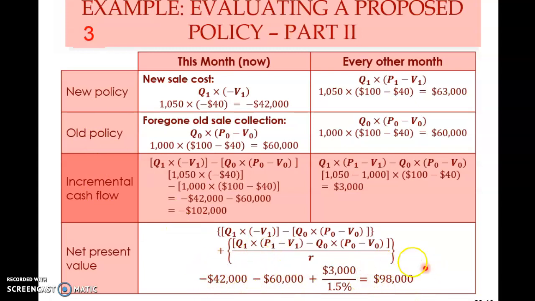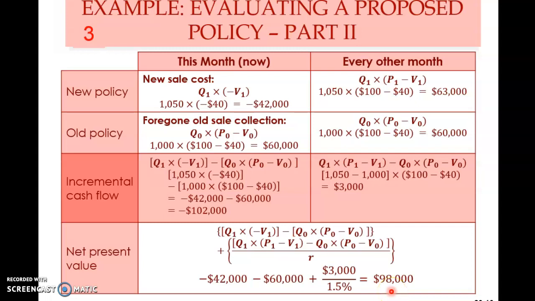Therefore your benefit is more. Your benefit is more than your cost by $98,000. So therefore the net present value is positive. Therefore you should switch to the new policy even though the cost now is high. Remember, the overall benefit in present value terms is positive. So you should switch to the new policy.